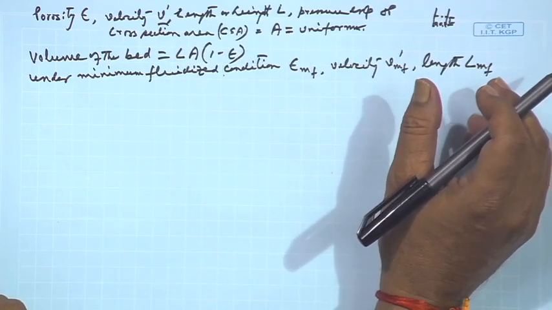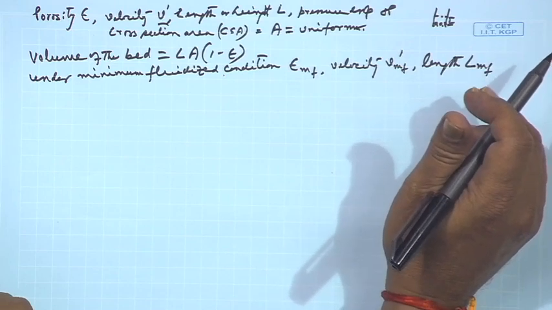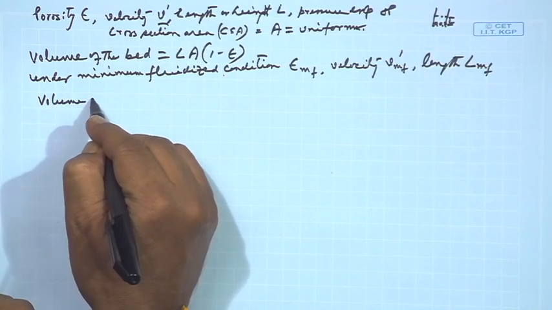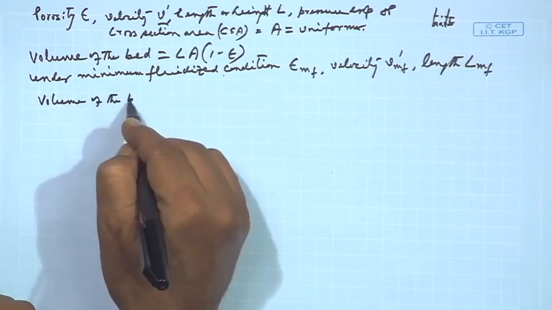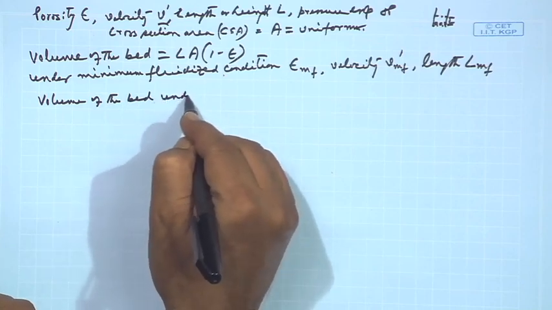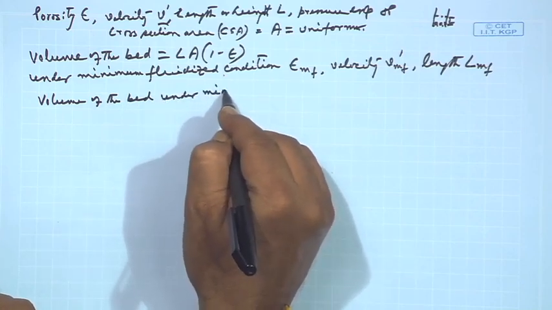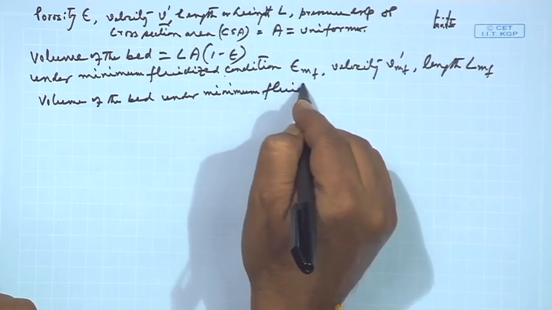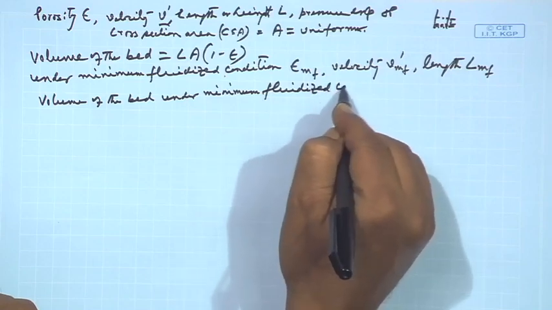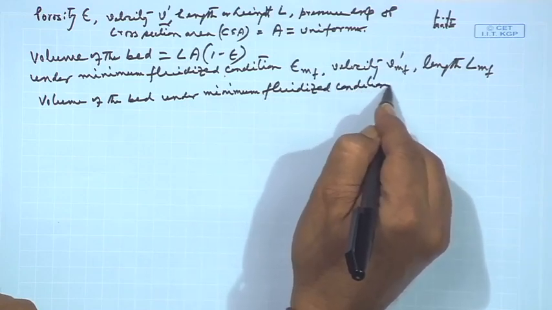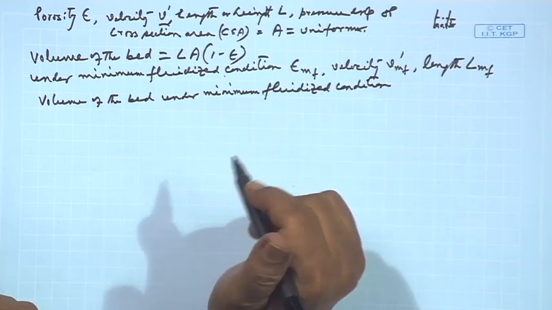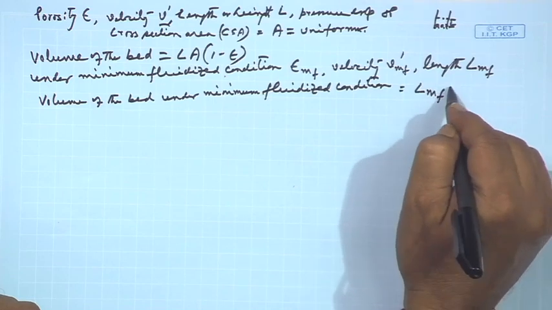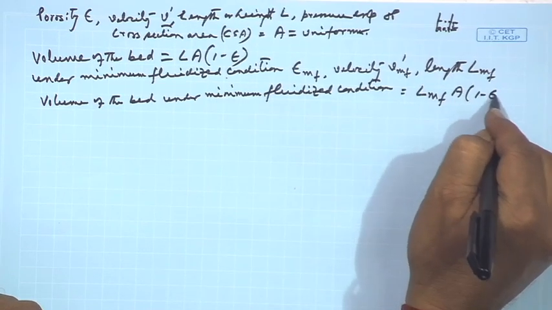In that case, we can say that the volume of the bed under minimum fluidized condition equals L mf into A into 1 minus epsilon mf.